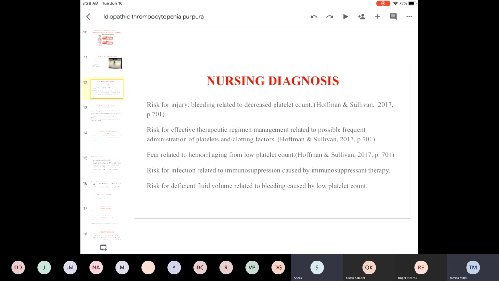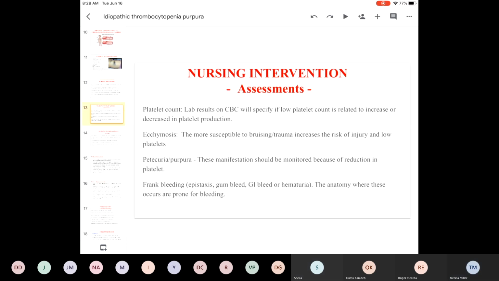Fear related to hemorrhaging from low platelet count. Risk for infection related to immunosuppression caused by immunosuppressant therapy. Also, risk for deficient fluid volume related to blood bleeding caused by low platelet count.